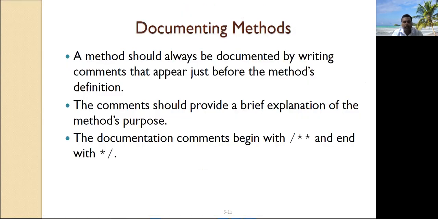The next one: how to prepare documentation of a method. When you want to prepare documentation of a specific method in the Java programming language, we have to use a documentation comment before the header of the method definition.